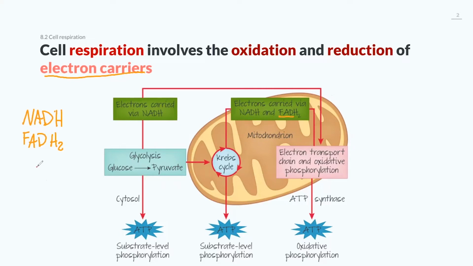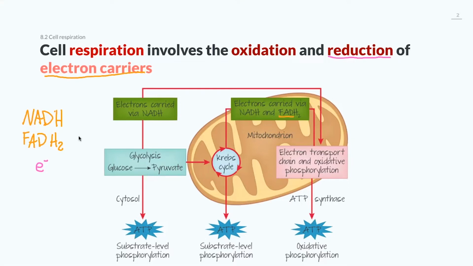Let's review real quick. You remember the electron, that subatomic particle with a negative electric charge, right? Well, when you're talking about reduction, we are talking about a reduction in the total electric charge.